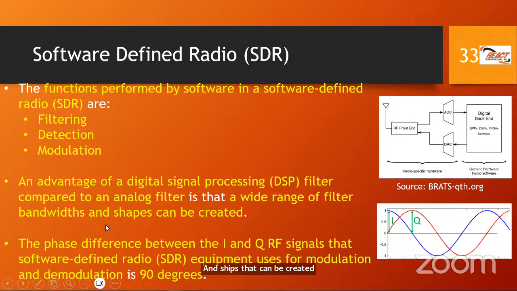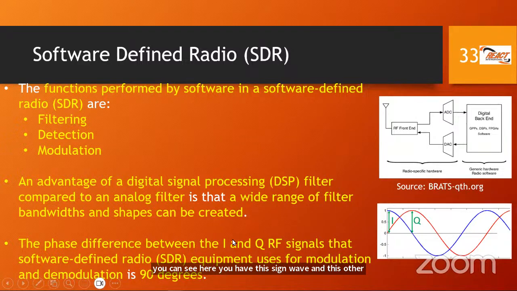Right, last bullet point, another exam question, and it relates to this diagram here. We talked a bit about it already, and that is the I and Q signals associated with SDR. So remember, once you talk about SDR, there are two signals, the I and the Q signal, and that is on the basis of which the digital techniques are used. So there's a phase difference, and you can see here, you have this sine wave and this other sine wave that comes, it's 90 degrees out of phase.